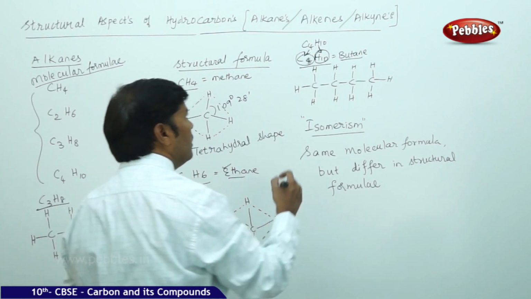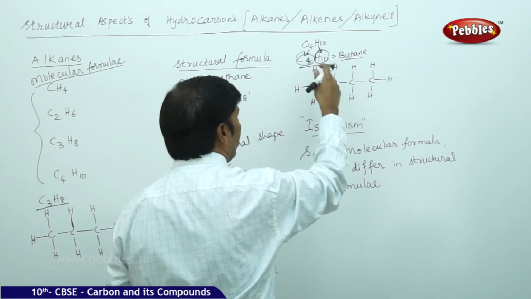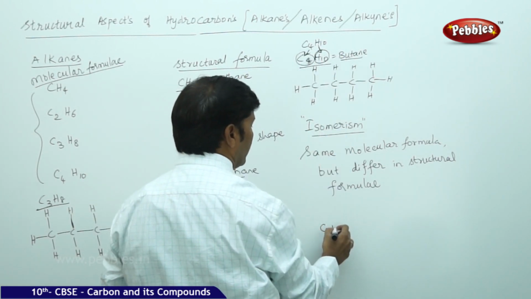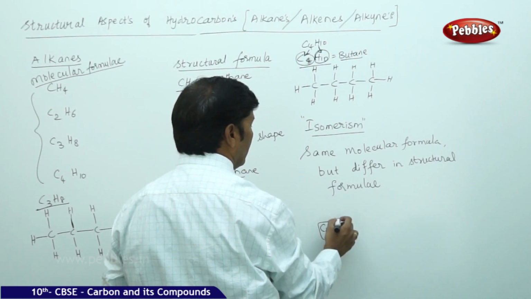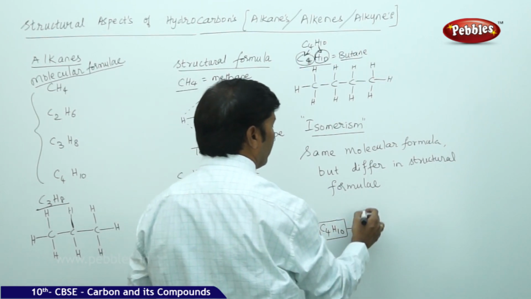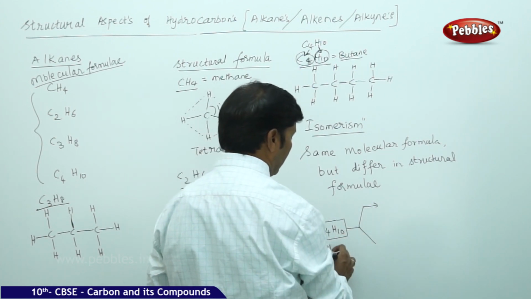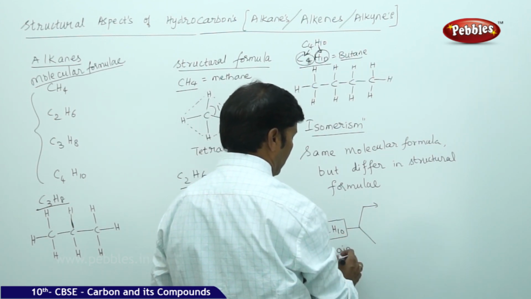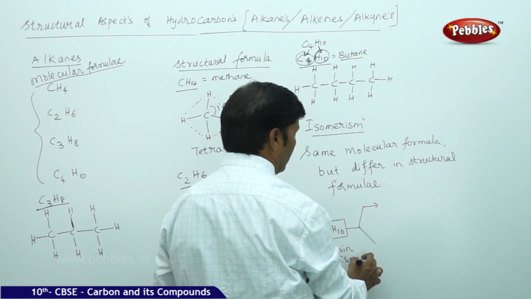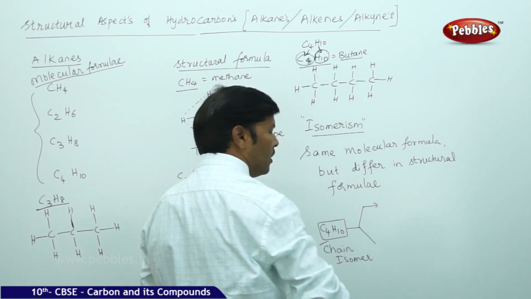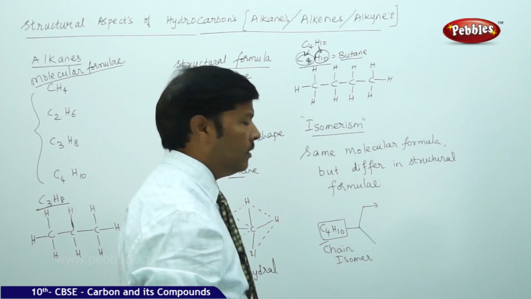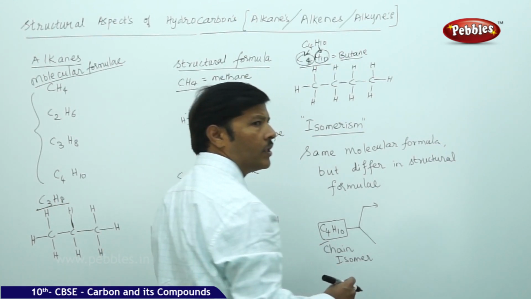For example, for alkanes, if you take butane, C4H10, it can give two different types of isomers. One is chain isomers. What are chain isomers? A pair of isomers which differ in the straight chain or in the branched chain.